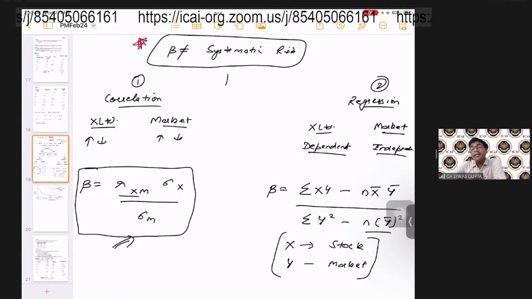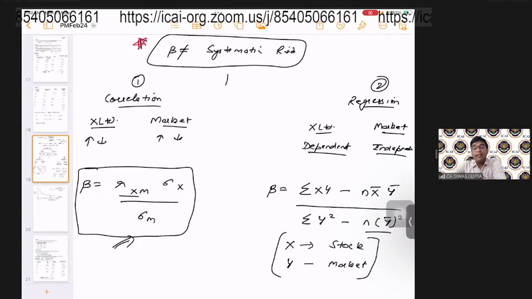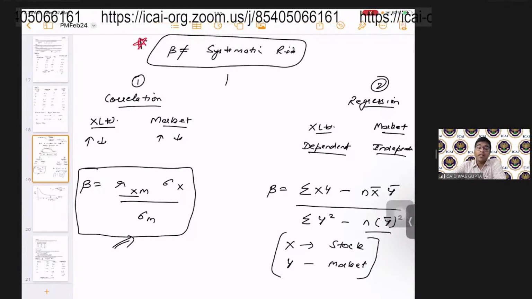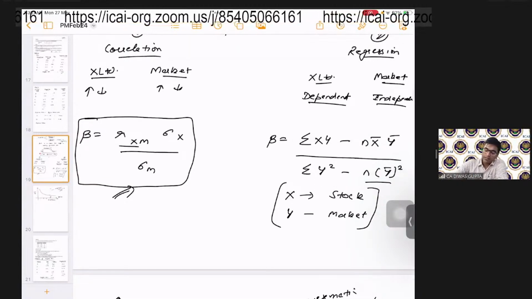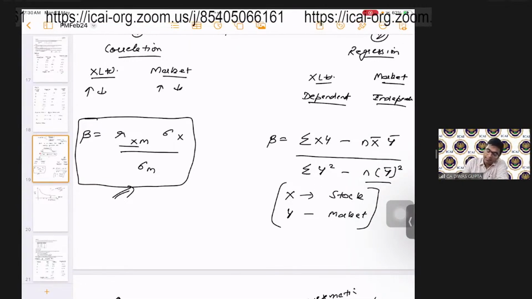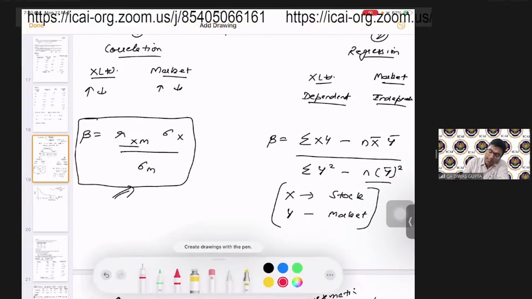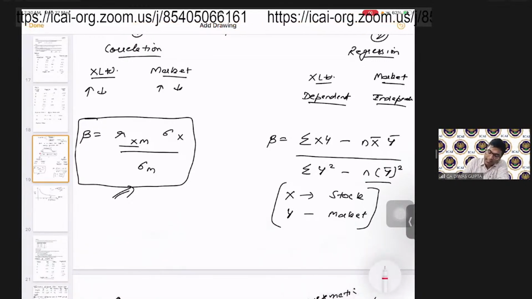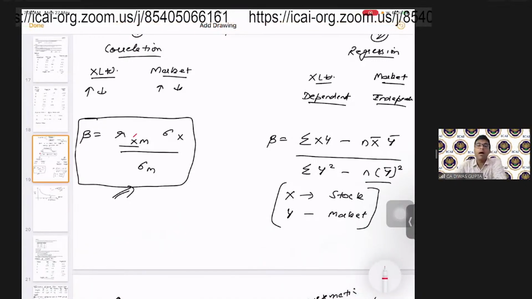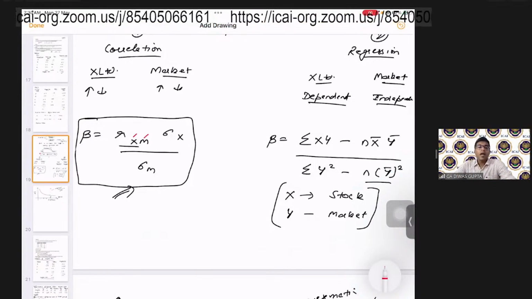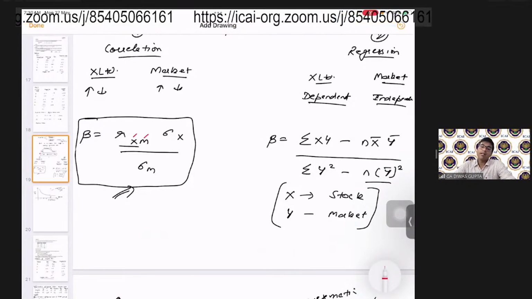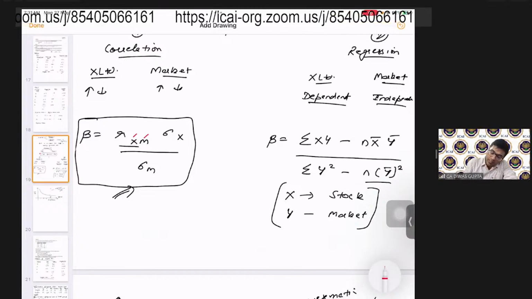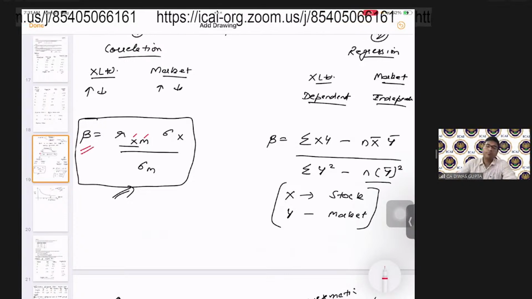To what extent and in exactly the same degree, that is given by R. So we have to calculate R of X and M, where X is the security which is getting traded and M is the market, multiplied by the standard deviation of X divided by the standard deviation of the market. If we do this, then we arrive at beta.